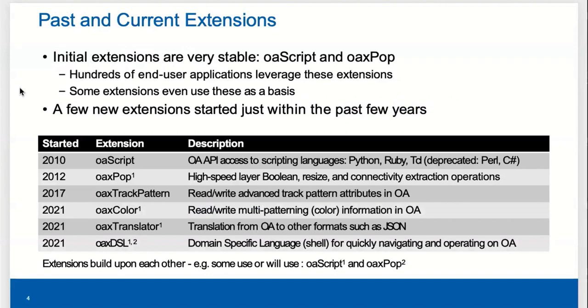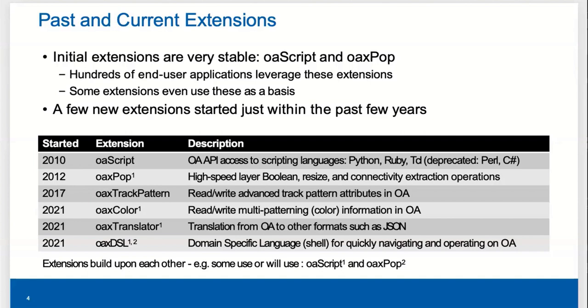Okay, so this is a list of past and current extensions, and I will apologize upfront if I've missed any here. These are the ones that I've been involved with, and I believe it is pretty comprehensive. If not, it's pretty close. If anything was missed, it was my own fault, and I apologize for that ahead of time.